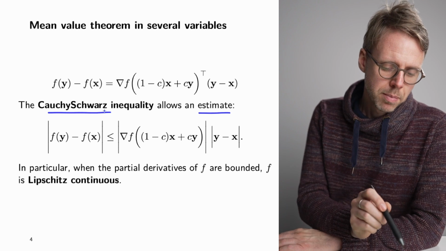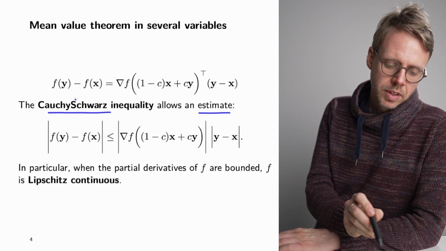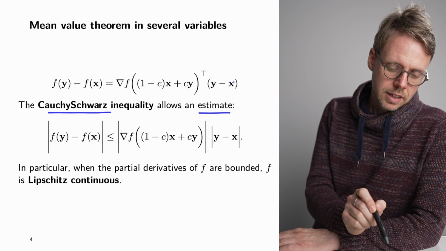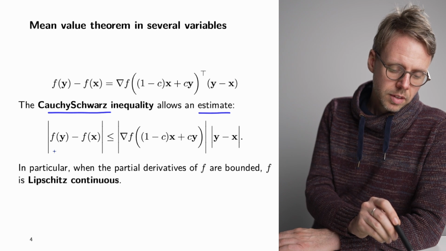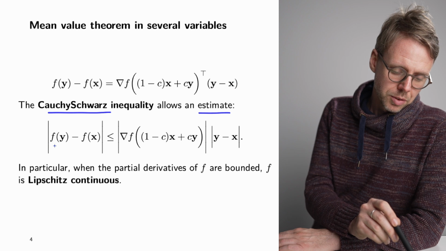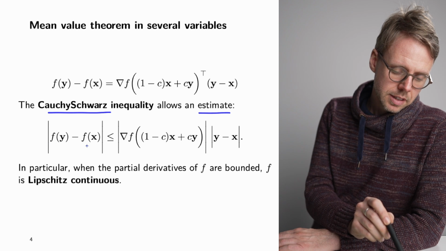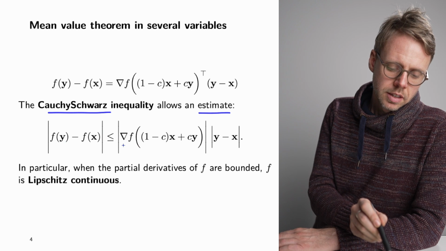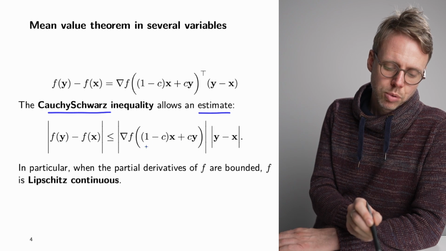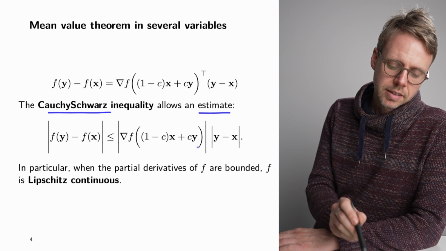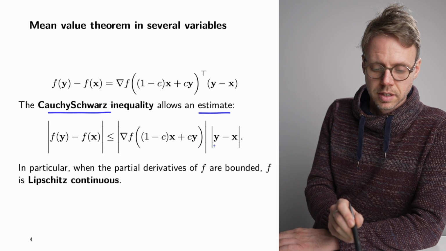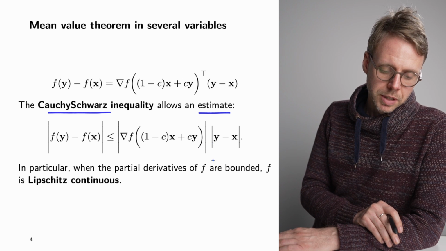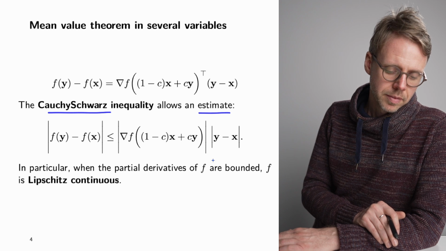So by applying the Cauchy-Schwarz inequality to the right side here, we get that the absolute value of f of y minus f of x needs to be smaller or equal to the norm of the gradient at this interpolating point between x and y times the norm of the difference between y and x.